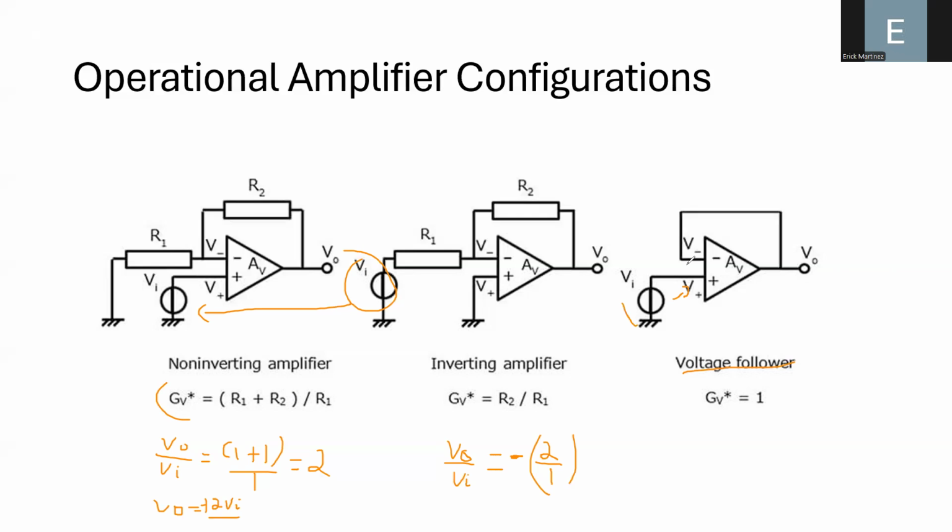Okay, so by using this configuration, we can ensure that thanks to the high impedance of the operational amplifier, we are dropping all the voltage from the sensor into this device, and the operational amplifier can transfer that drop of voltage very easily to the next stage, because the next stage has a very low impedance, okay, at the output.